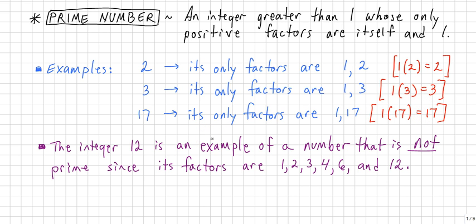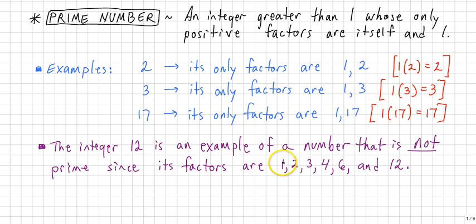So those are examples of prime numbers, so we might as well look at an example of something that's not prime. The integer 12 is an example of a number that's not prime. And the reason it's not prime is because there are several things that go into 12 evenly without a remainder.